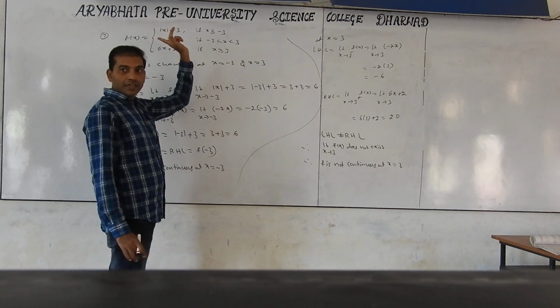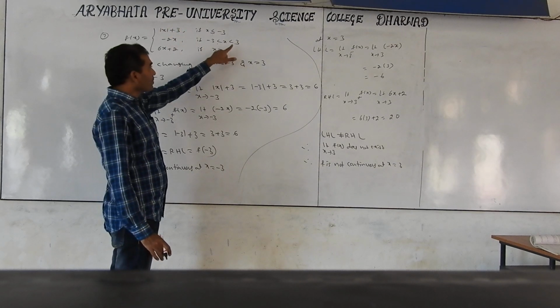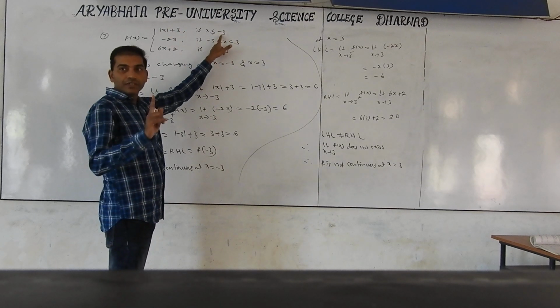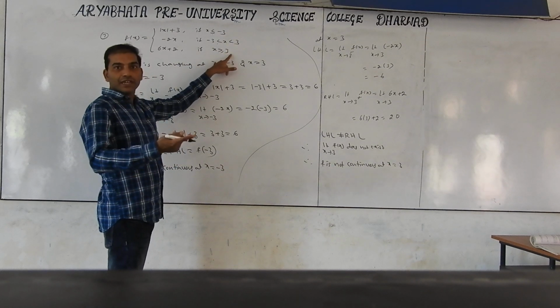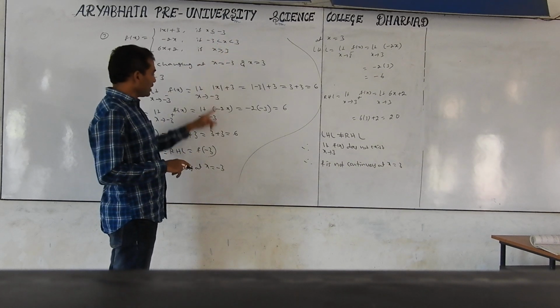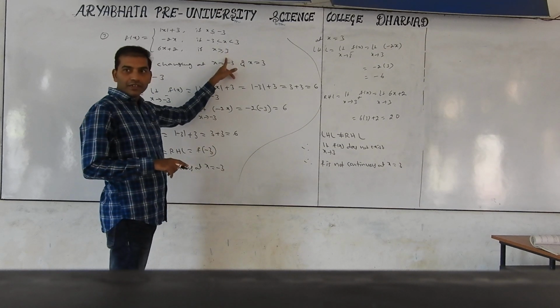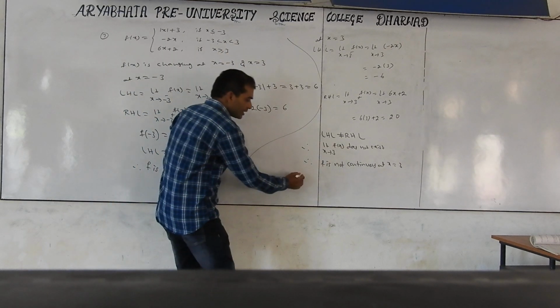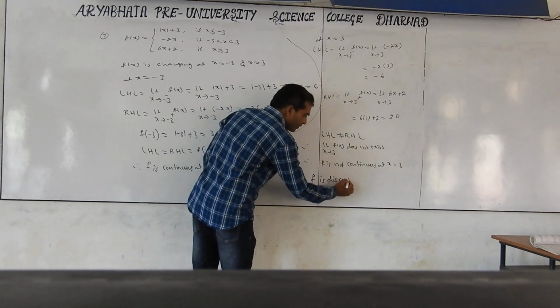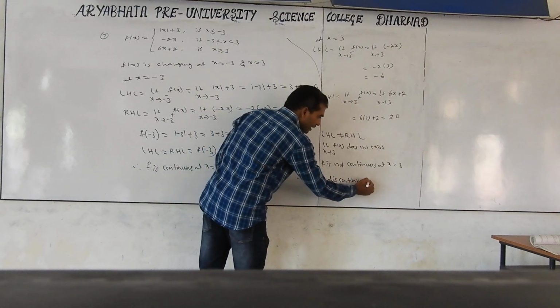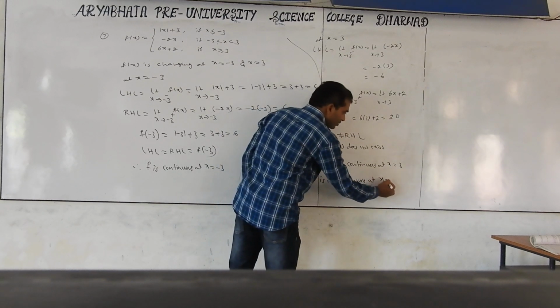Above 3, continuous. Only at 3 and minus 3 is the function changing. If you check these points, then we can give the conclusion: at minus 3 it is continuous, but at 3 it is not continuous. Therefore, the conclusion is f is discontinuous at x equal to 3.